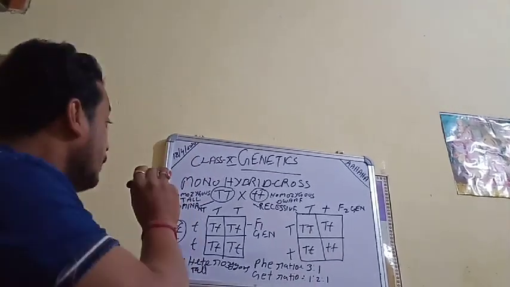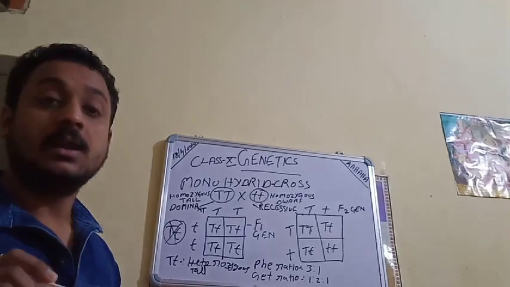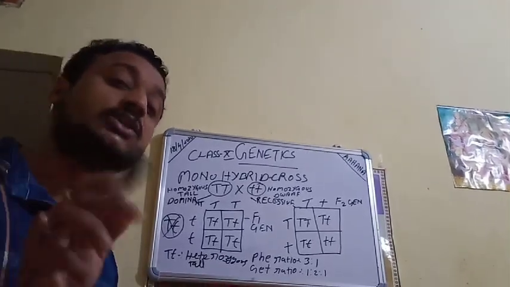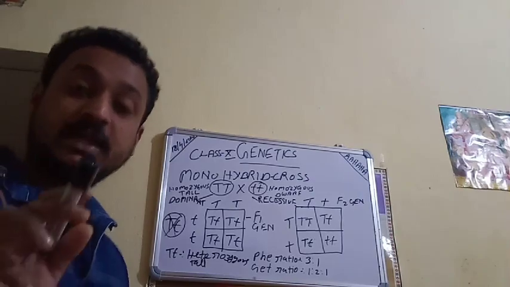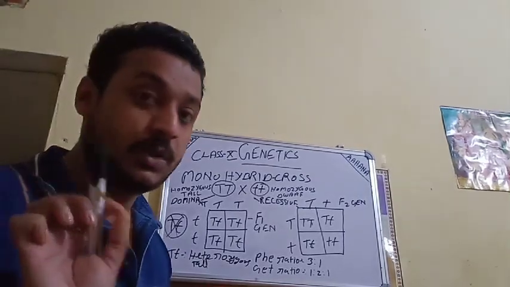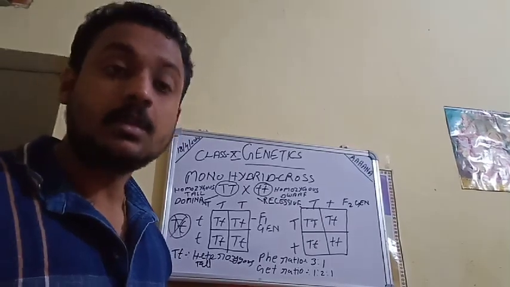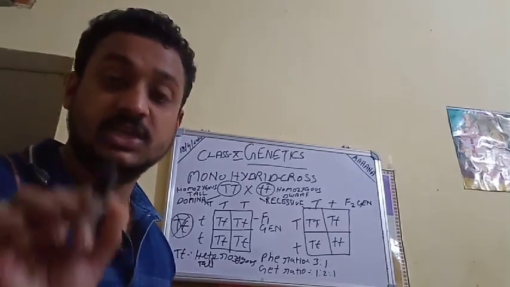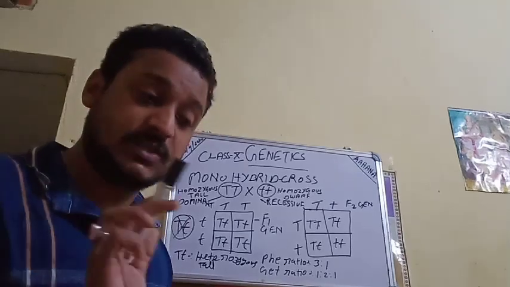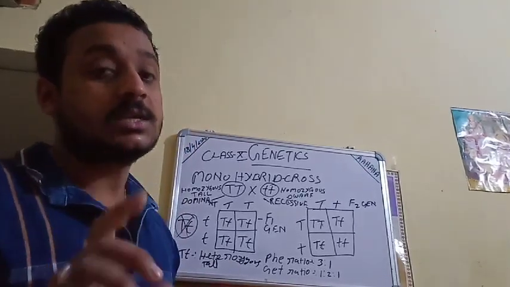In this monohybrid cross only, Mendel has also explained the law of segregation. Law of segregation means, please listen very carefully, we will see the genes first, later on the gametes.